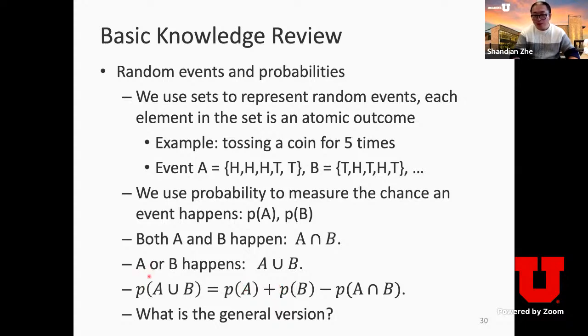You just use this equation. Of course, most probability books give a general version: suppose you have a bunch of events A1, A2, A3 up to An. How do you calculate the probability of the union of these n events? There is a general equation, an alternating summation, subtracting, summation, subtracting. If you're interested, you can find a book or check out the Wikipedia page.